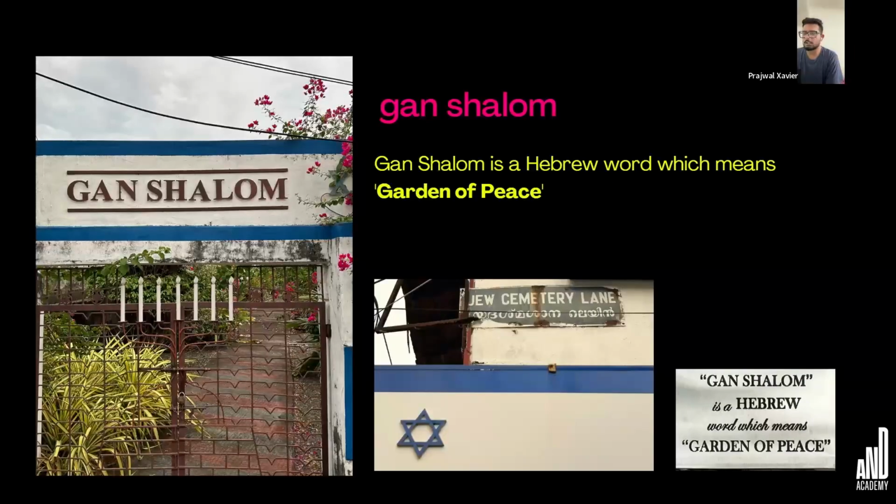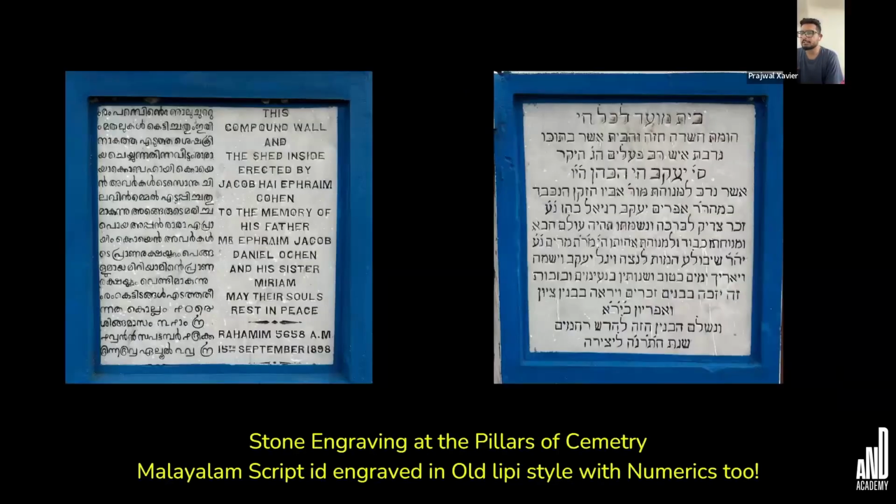And this is a metal signage etched on the entrance of a cemetery. You can see one Hebrew inscription and its translation in Malayalam and Latin. In this engraving also, you can see the Malayalam numerals etched.